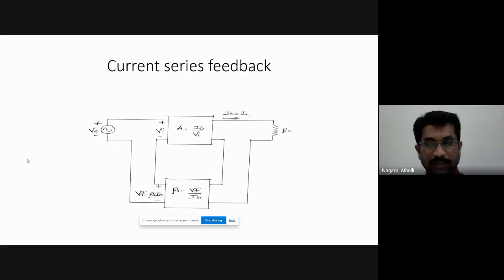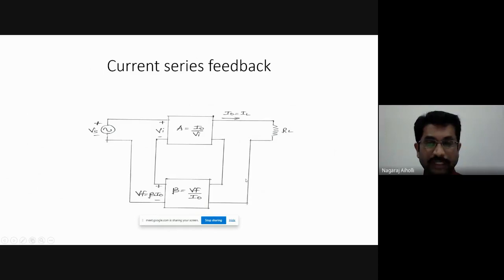The current from the output is tapped as input to the feedback circuit. The output of the feedback circuit is the voltage, which is applied in series with the input.